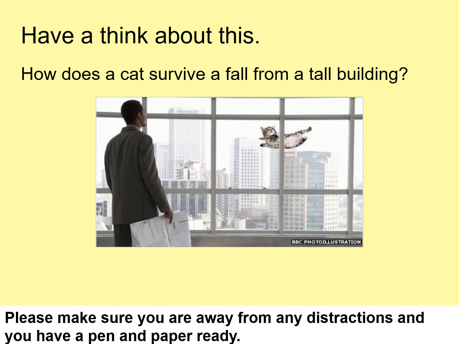So I'll give you 30 seconds, off you go. Okay, we're going to come back to this during the lesson to see what you've got, and we'll see if you are right.